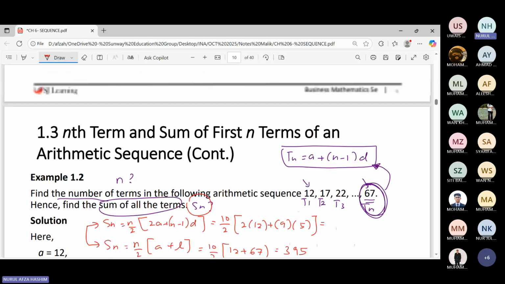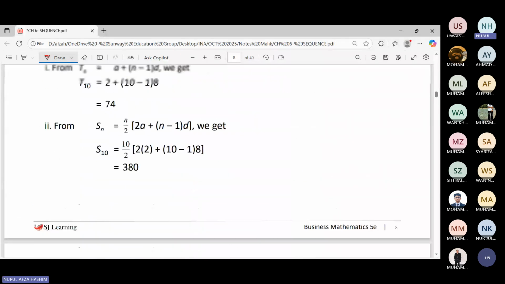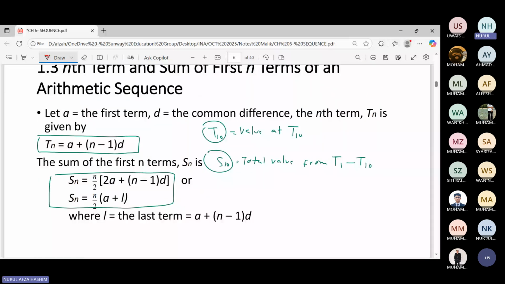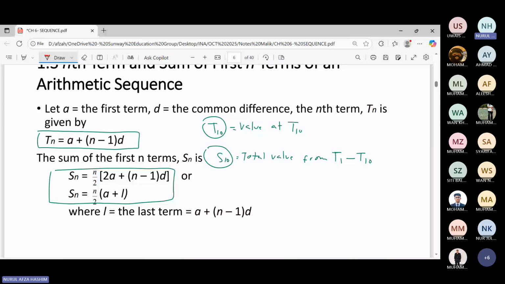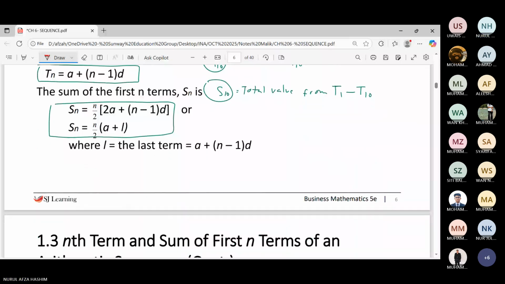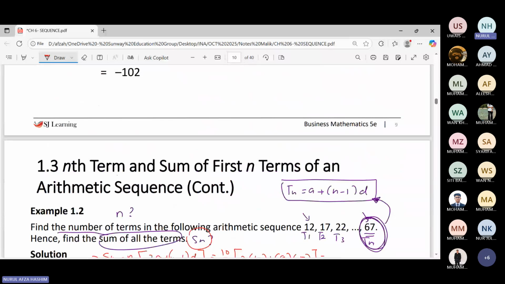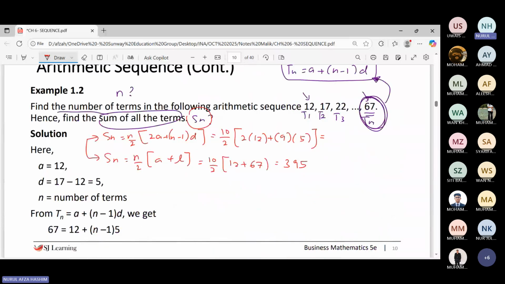What's the formula just now? Vida? N over 2, 2a, and minus 1d. N over 2, a plus l, right?